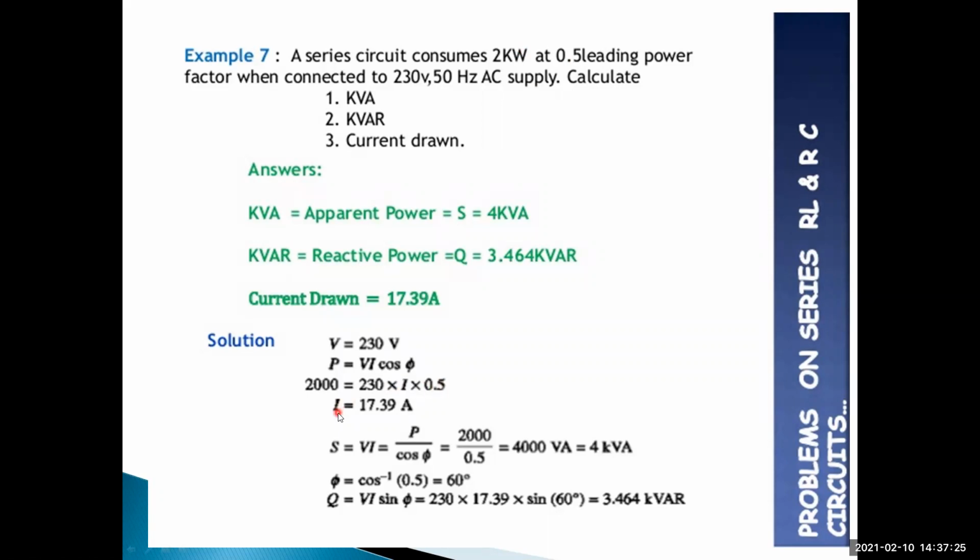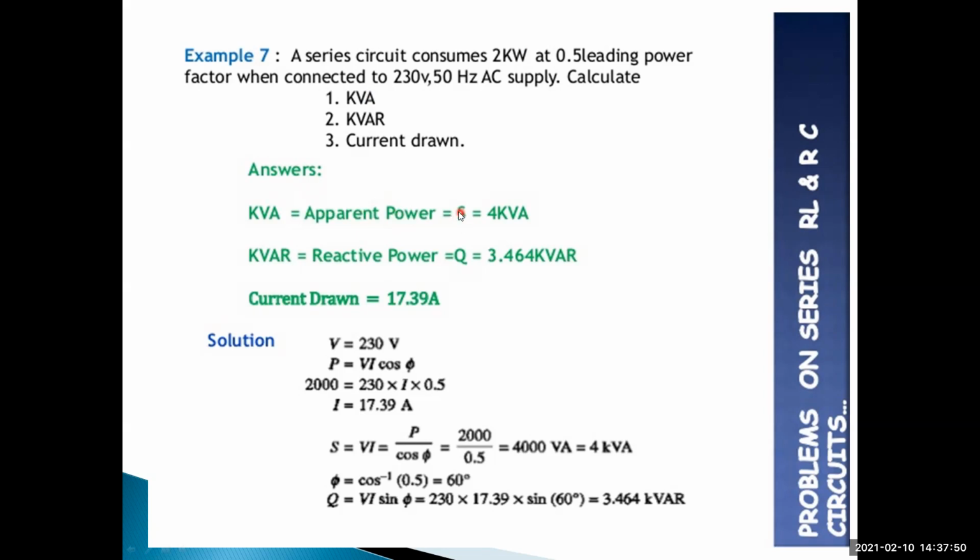Substitute here, you will get I is equal to 2000 by 230 into 0.5, which is 17.39 amps. Then S is called kVA. It is also called the apparent power, or otherwise complex power.